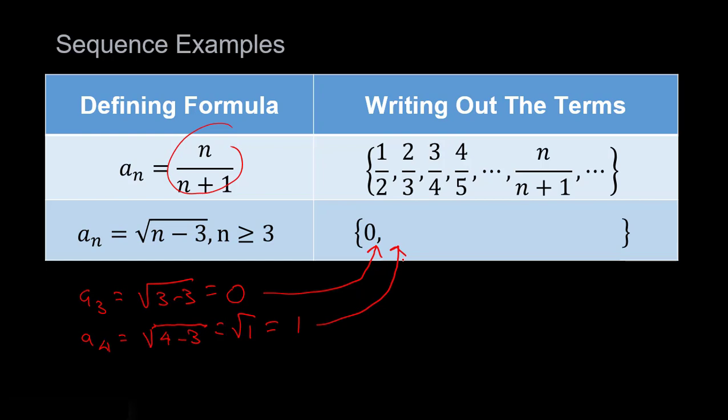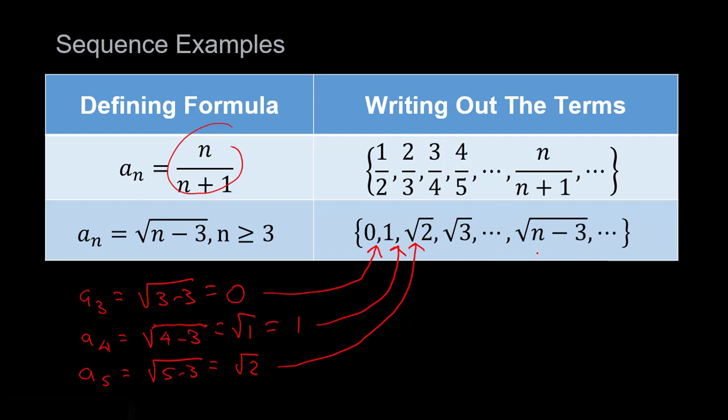So go ahead and plug that in for our second number. And a sub 5, square root of 5 minus 3 equals square root of 2, and you can kind of see where this is headed now. It's going up here. So let's just go ahead and fill in the next one. It's going to be square root of 3. Big surprise there. And if we keep on going, whatever n is, we just plug that in. That gives us our nth term, square root of n minus 3.